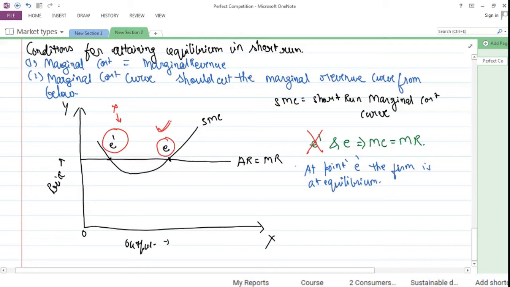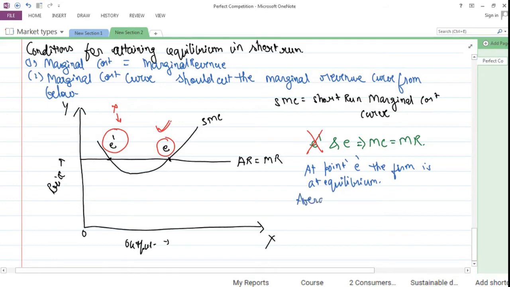The fact that firm is in equilibrium does not mean that it does not make excess profit, or it makes losses or anything. Whether the firm makes excess profits or loss depends on the average total cost at short run equilibrium. So total cost कितना होगा?